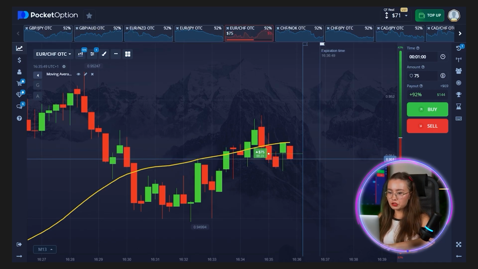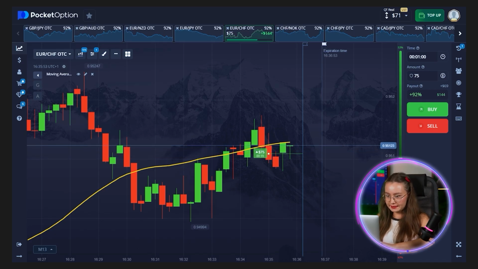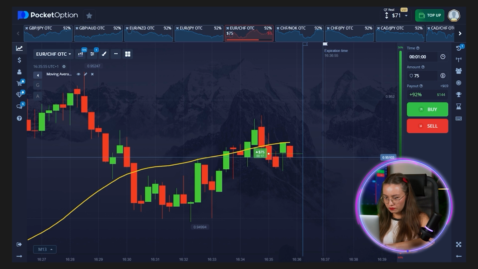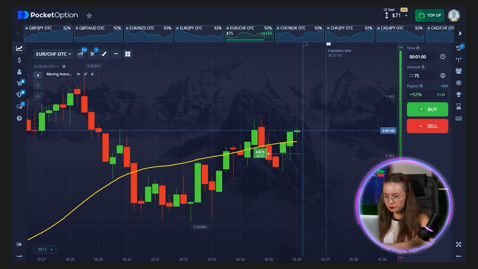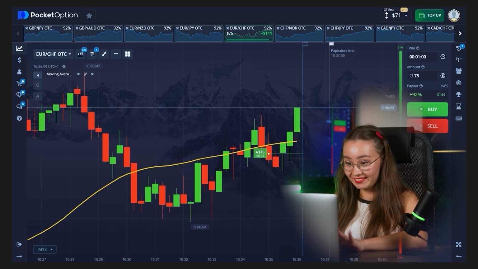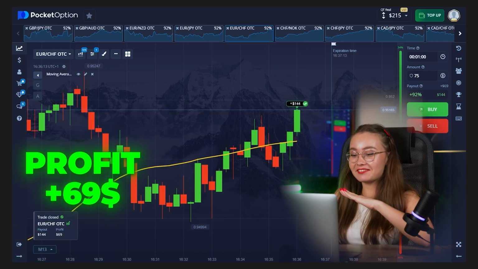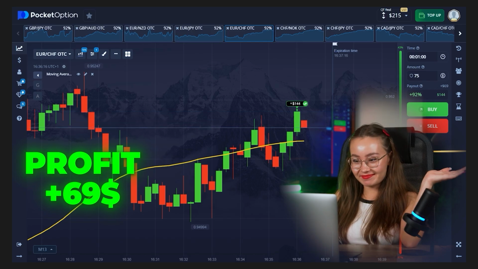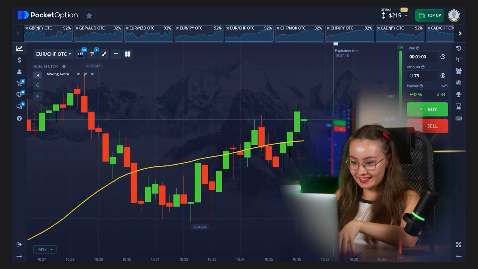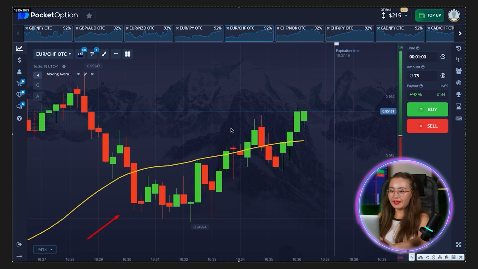We see fluctuations, but it's an obvious upward movement. Yes, fantastic. 1 second, and the trade's ours. Great result, guys. Here we had an upward trend and the moving average as support. We just entered along the trend.